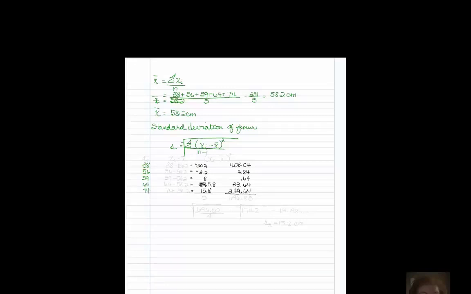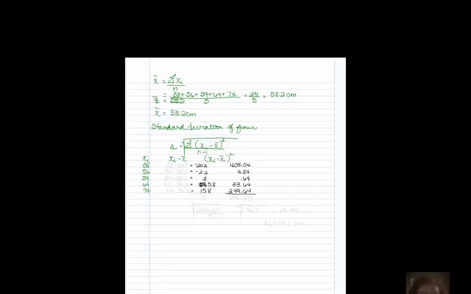And this is my x. Now I want to do my individual x minus the mean. Then I'm going to square it. And then I'll finish up.